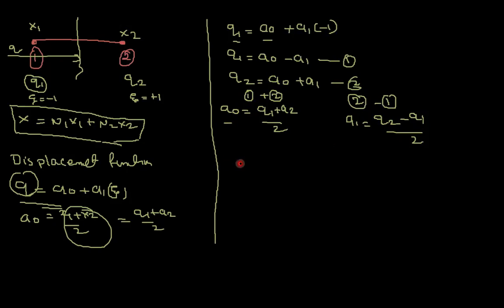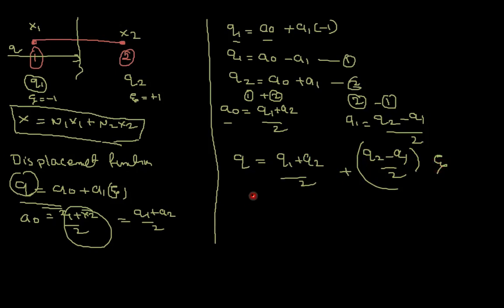Once you know this, we have to substitute it into the interpolation function q, that is called the displacement function. q would be equal to a0, which is q1 plus q2 by 2, plus a1, which is q2 minus q1 by 2, times zeta.